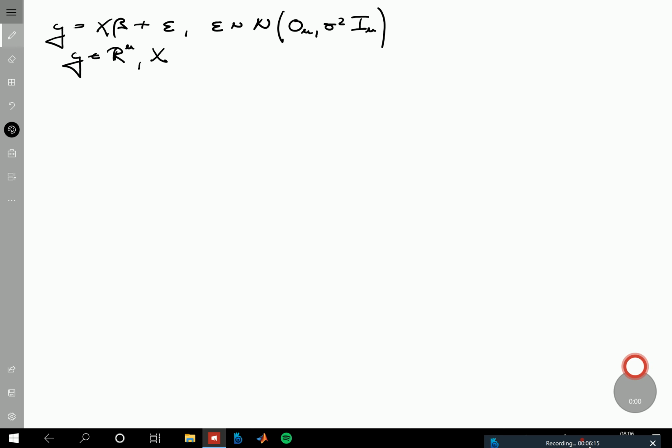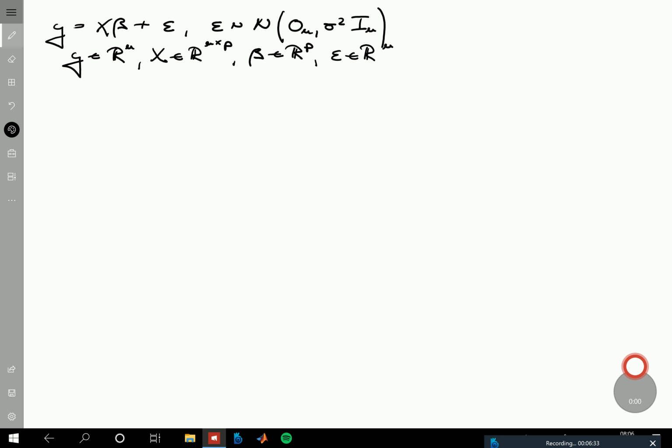This way of writing the GLM, and this is how it's always written everywhere, where of course y is an n-dimensional thing, where n is the number of data points, x is the design matrix with n rows and p columns, beta is the effect size or parameter vector with p entries, and epsilon is of course also, if it's realized, an n-dimensional entity.